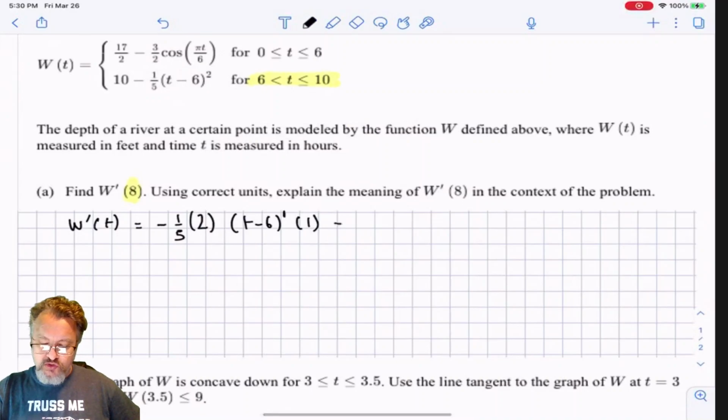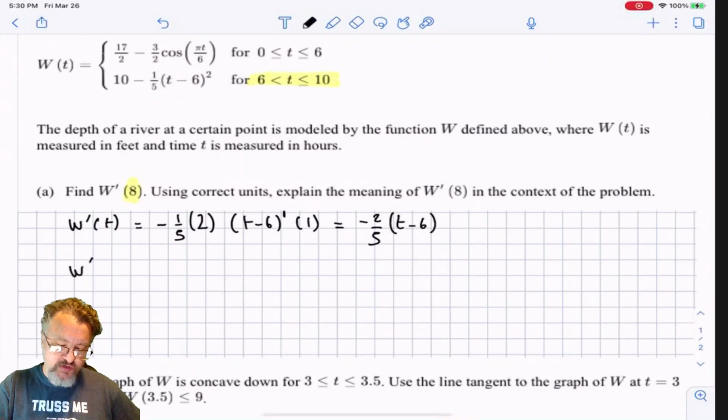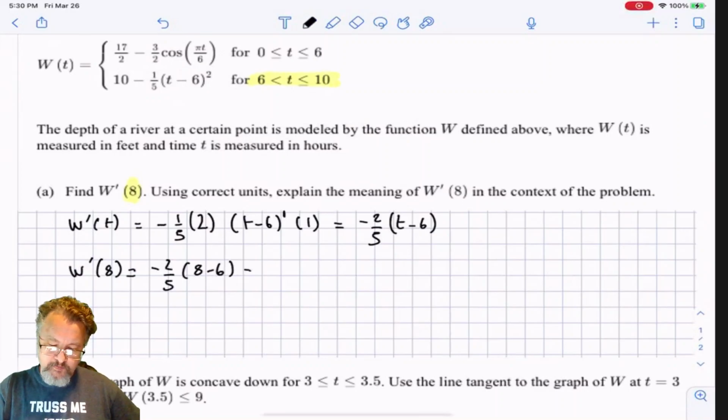So it's just negative 2 over 5 times t minus 6, which means that w prime at 8 will be negative 2 over 5 times 8 minus 6, negative 4 over 5.